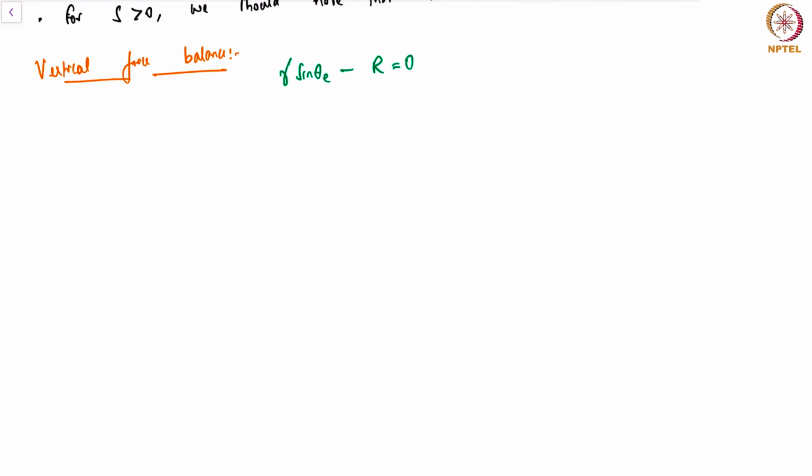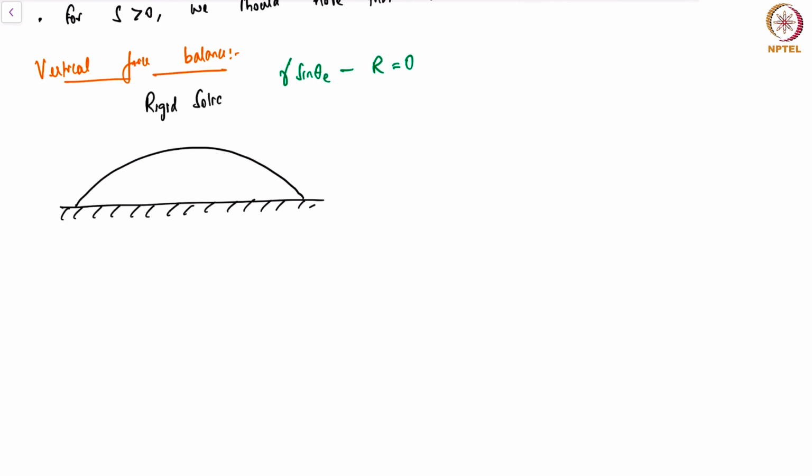For example, for a rigid solid, you can have a situation like this. This is a rigid solid, and if we examine this region here, then we see a flat interface, and we call this theta e, right?